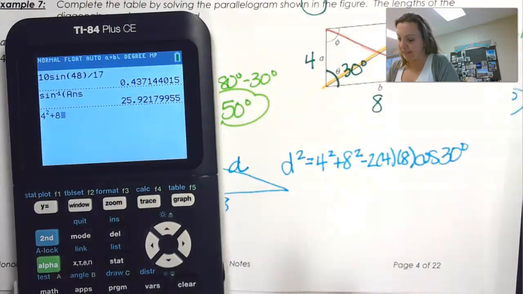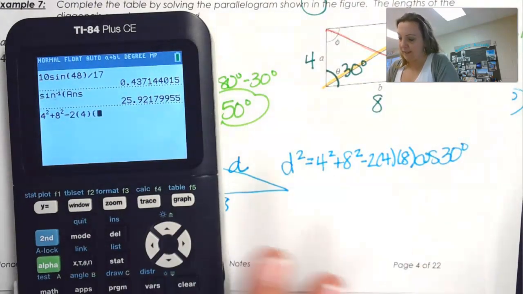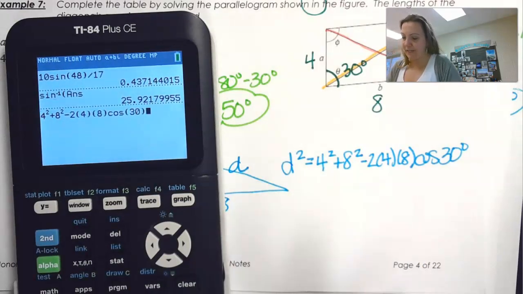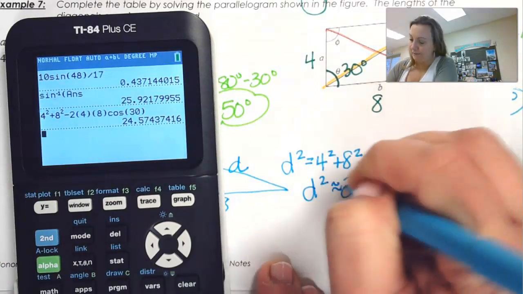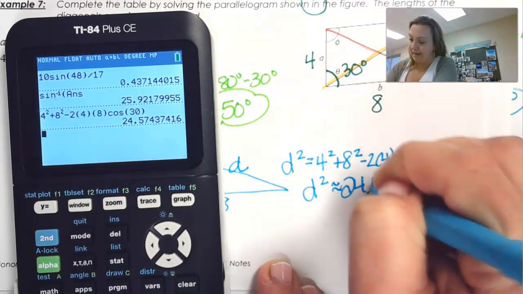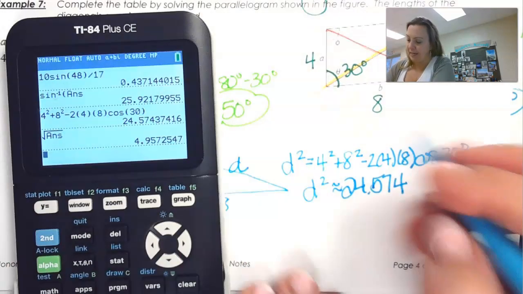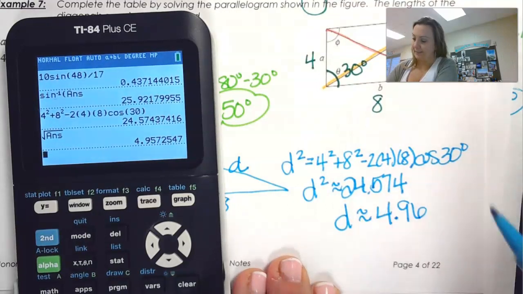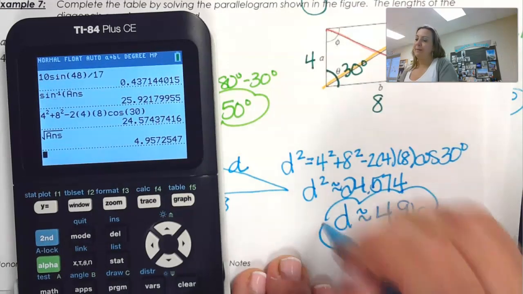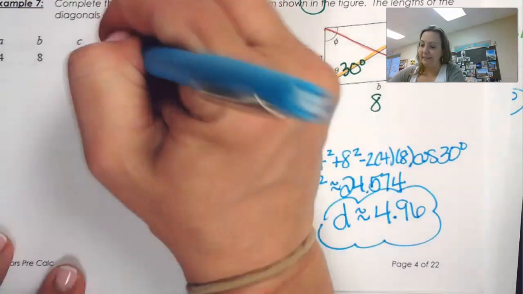And I get that D squared is about 24.574. And taking the square root of that answer, I have that D is about 4.96. Okay. So maybe based on what I have in the picture, I would find letter D second.